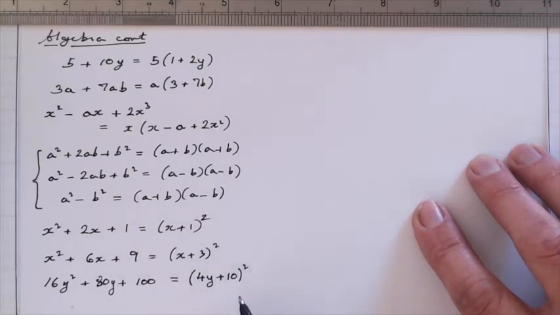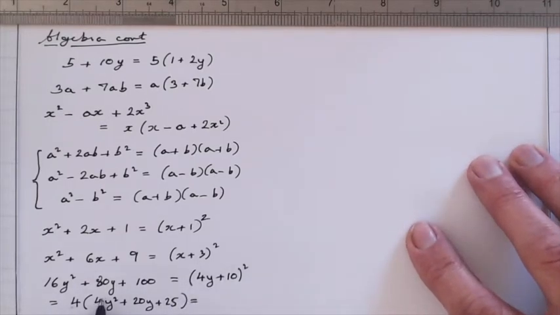Now here actually we can do a bit better because we could have factored out immediately. Let me just show you. We could have immediately factored out a factor of 4, which would have made things a bit easier to spot, because we'd have 4 times 4y squared plus 20y plus 25. The 80y is 4 times 20y, and 100 is 4 times 25.